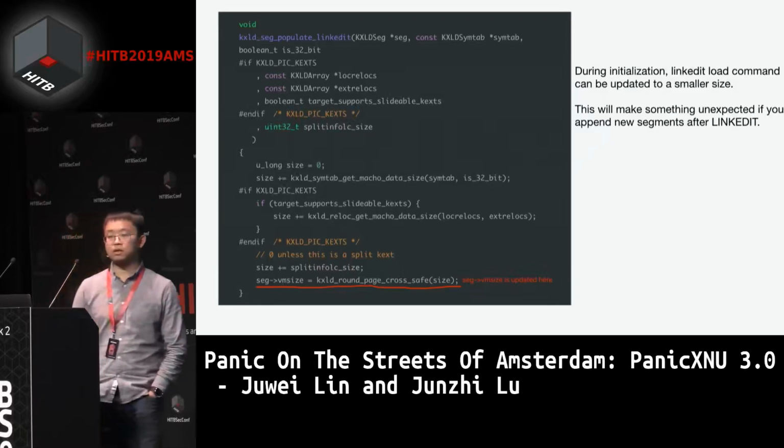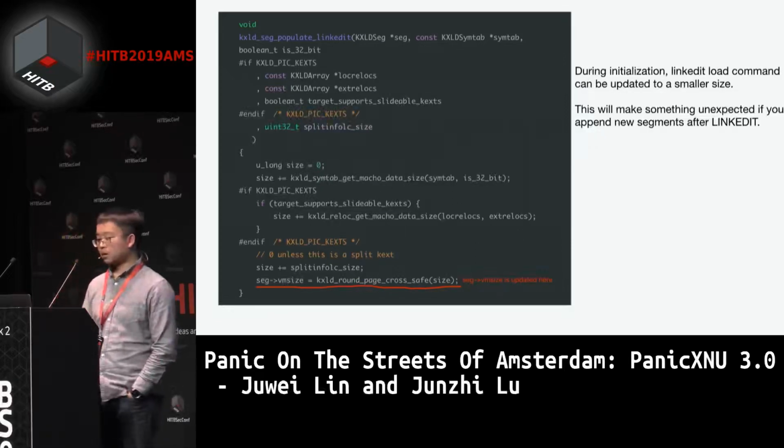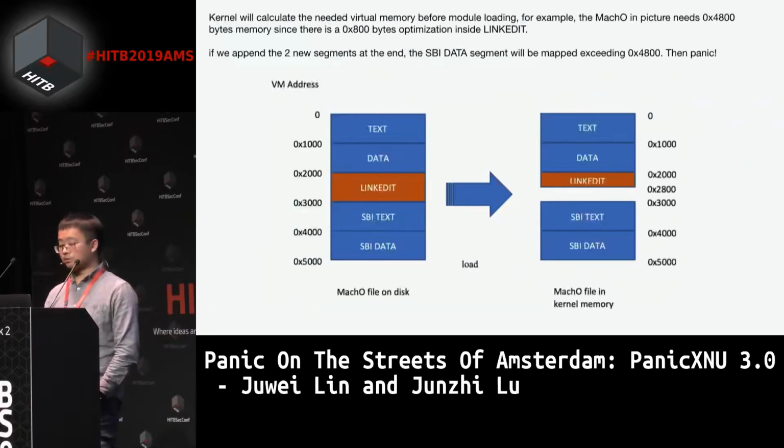For example, code sign is a must during the check stage, but it is not a must for the module itself to run inside the kernel. So the kernel will do some optimization to make the kernel memory allocation smaller.